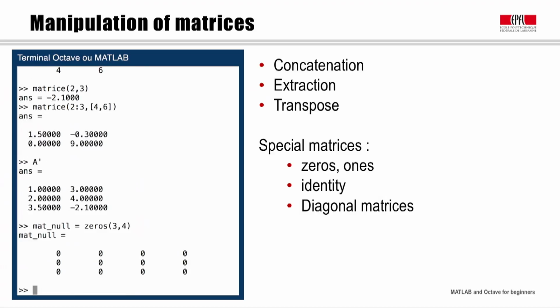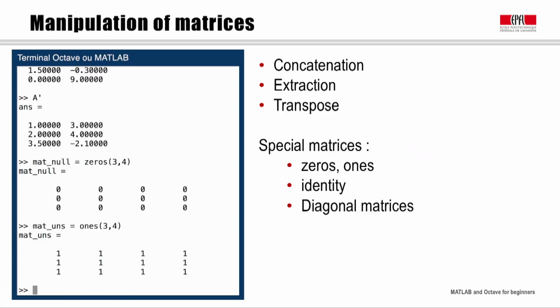And equivalently, there is a matrix which is filled by ones, and the command is ones, and I define mat uns equal to ones 3, 4, and I get my 3 by 4 matrix full of ones.